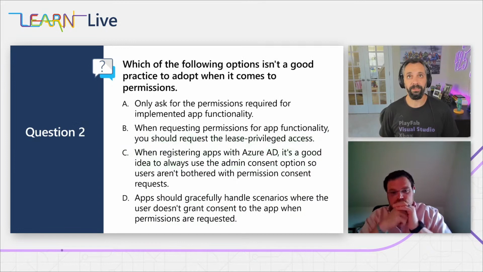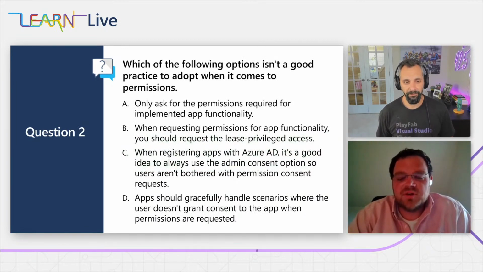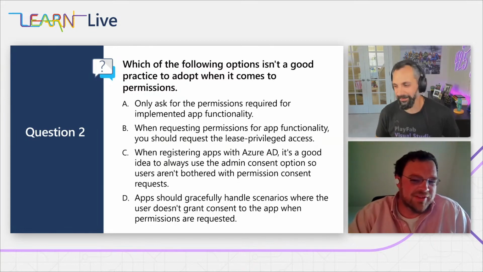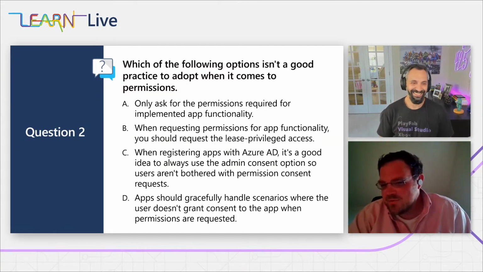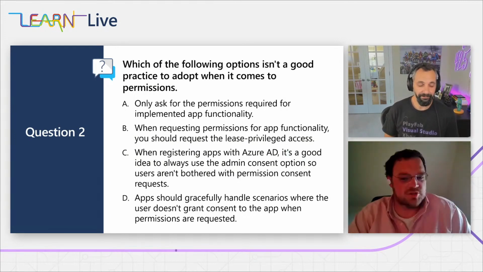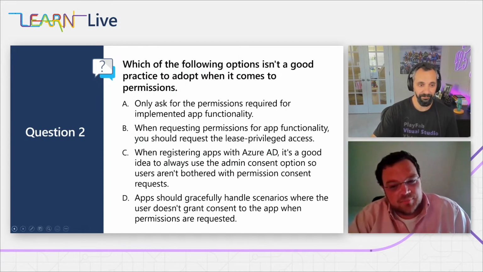Let's go to the next one. Cool. So the next one, here we go with the double negatives again. Trying to confuse you. Which of the following options is not a good practice to adopt when it comes to permissions? A, only ask for the permissions required for implemented app functionality.